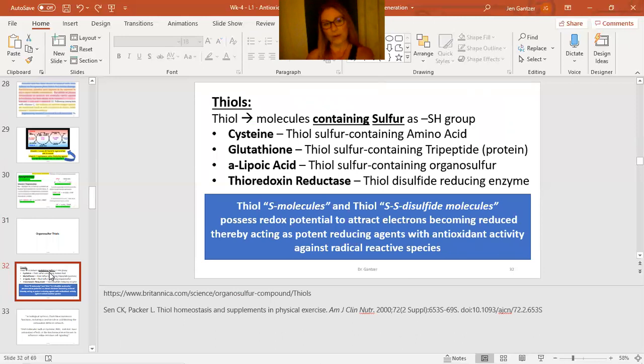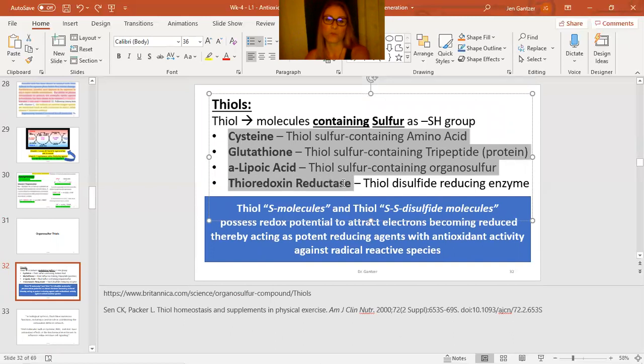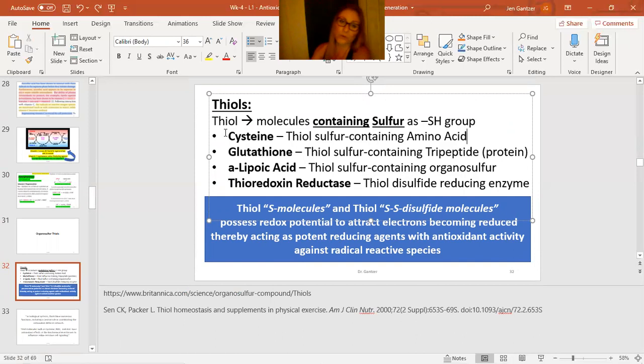So right now, I want you to focus on these four molecules, and these are some of the most important physiological thiols because they contain sulfur. Your cysteine is going to be one of the primary sulfur-containing amino acids. There are others. Right now, I want you to know cysteine. We'll learn more about that, but right now learn that cysteine is your sulfur amino acid, and that is your thiol.